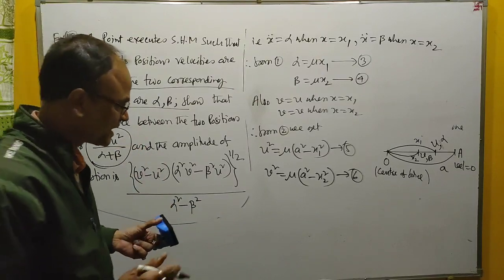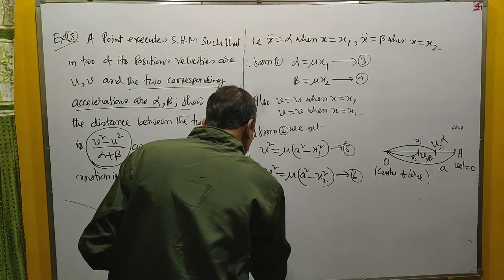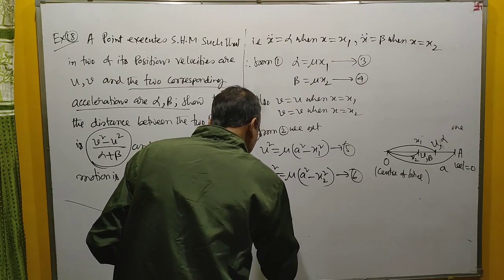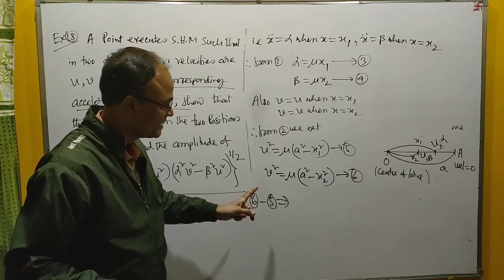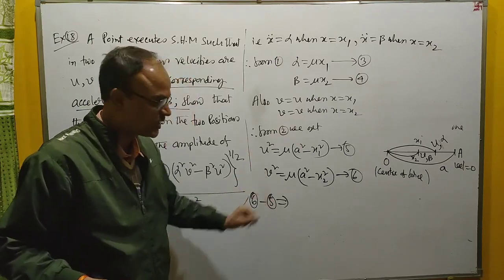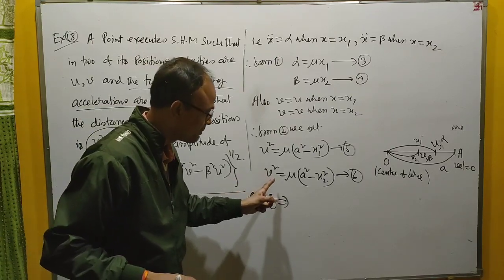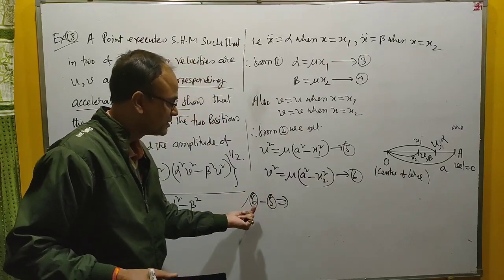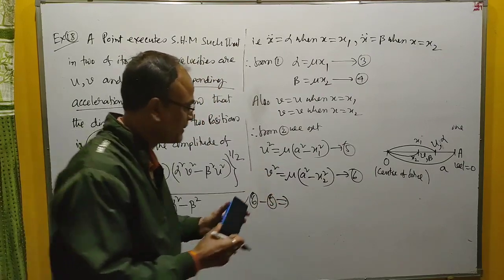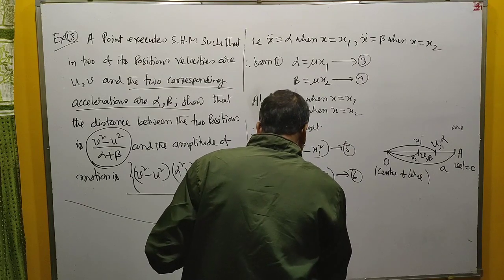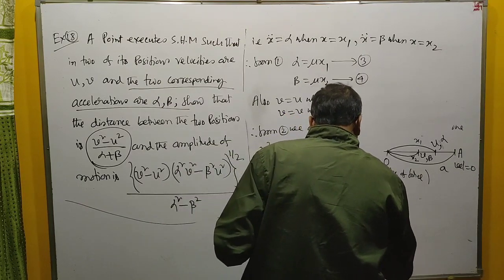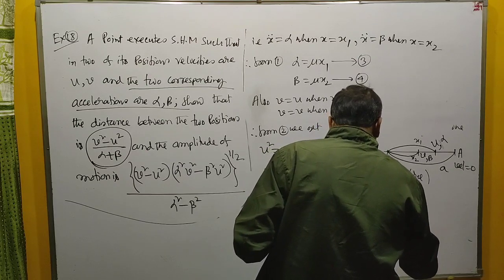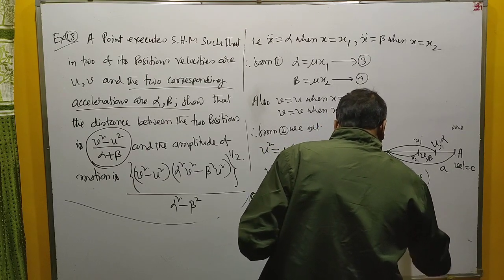Now, subtracting 5 from 6, simply 6 minus 5, means v square minus u square equal to mu into a square minus x2 square minus a square plus x1 square.